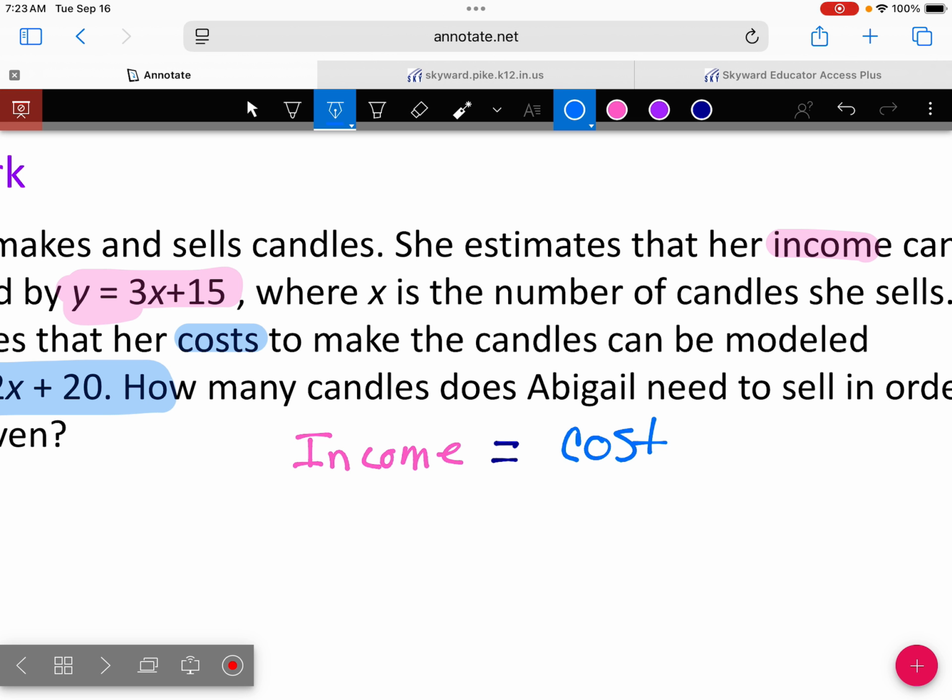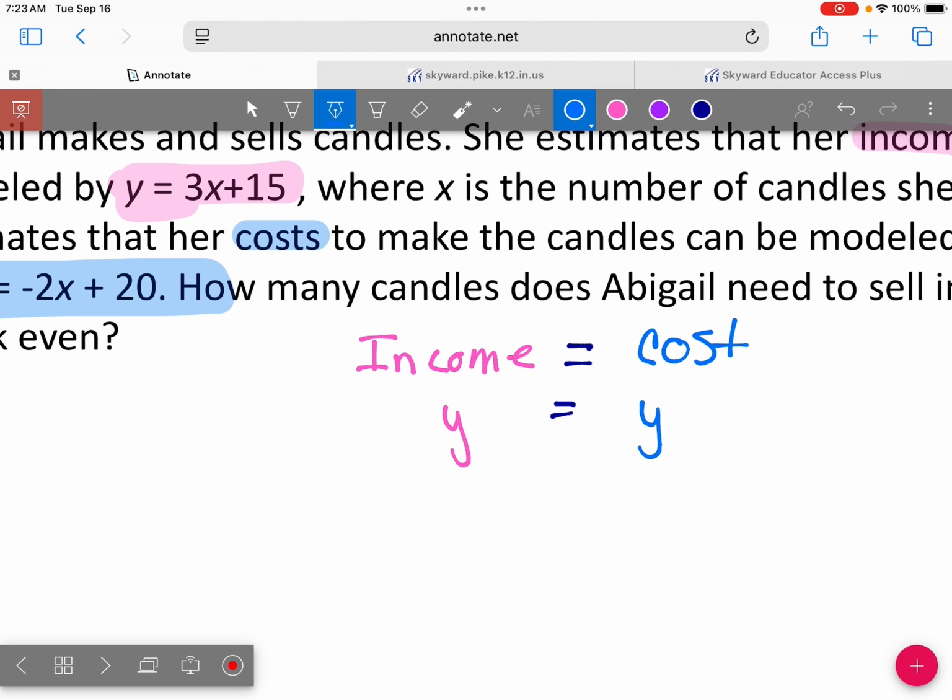Same thing with the cost here. So we want to know when the pink y is going to equal this blue y. I have an equation for that y that I can substitute in. I know that my pink y is actually 3x plus 15. And I know that my cost, that blue y, is this, negative 2x plus 20.